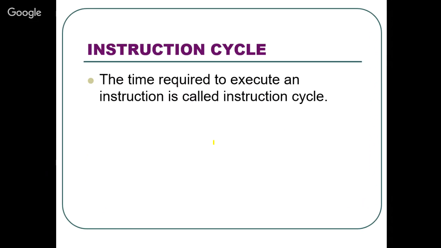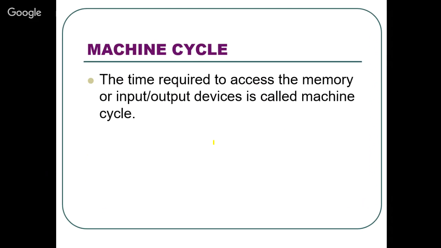This is known as the instruction cycle. This is a machine cycle. The time required to access the memory or input output device is known as the machine cycle. And an instruction cycle consists of 1 to 5 machine cycles in 8085.